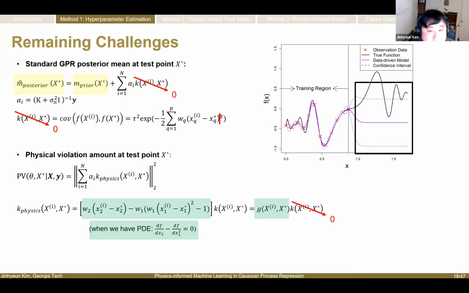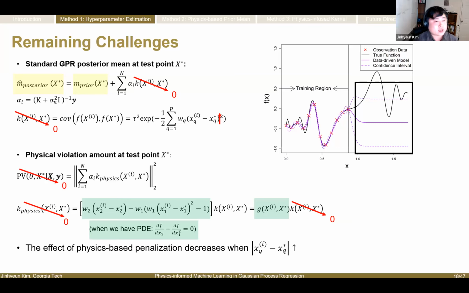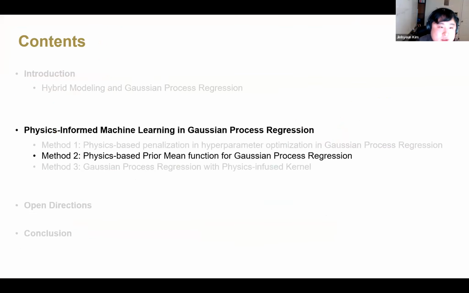In this case as well, when test data is very far from the training region, this value goes to 0, and the effect of physics-based penalization decreases. This will be similarly applicable for the nonlinear PDE as well, because each term will be a multiplication of some hyperparameter combination multiplied by the data kernel, K. To tackle this issue, we focus on the prior mean function, which is our second direction.